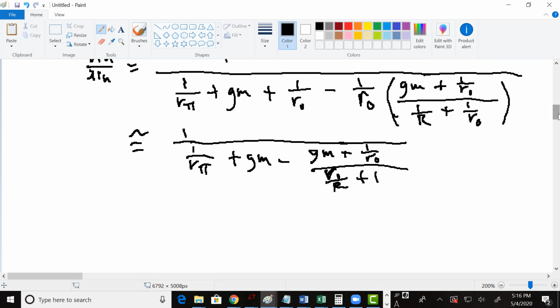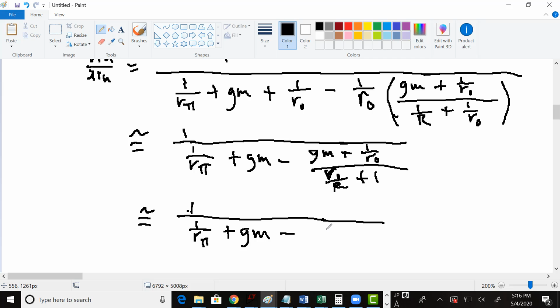If I wanted to go yet another step, I'd assume 1 over RO is much less than GM, so I'd have 1 over R pi. I'm not saying to do this, but if you were going through the simulation, the simplification steps, I'd probably call that GM R over RO.